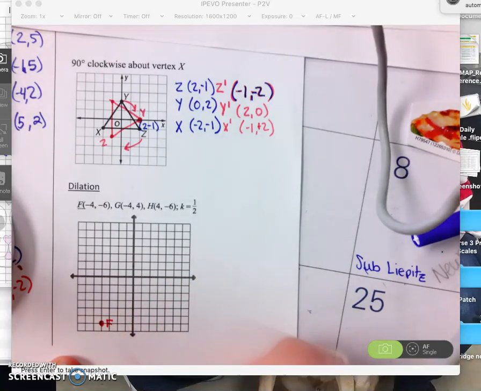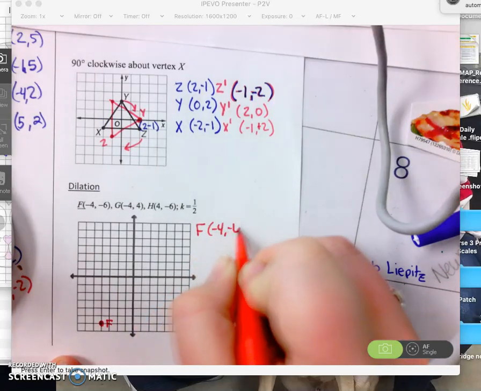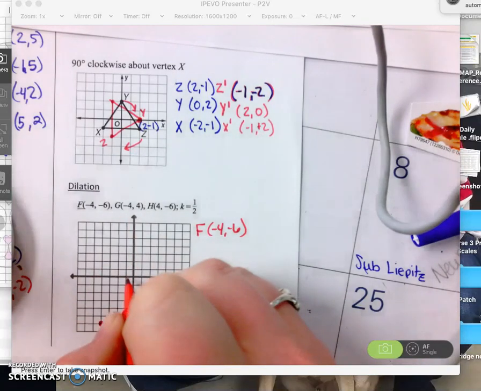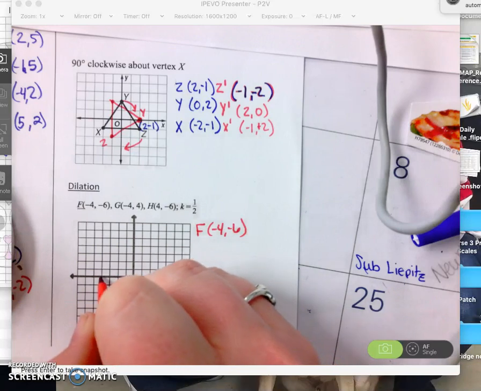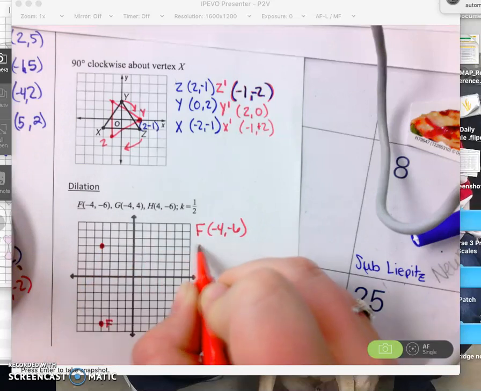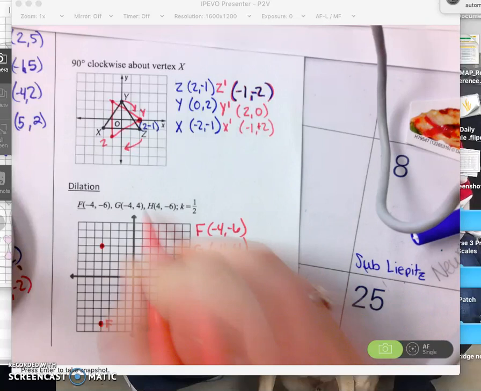So this is my F. -4, -6. I'll just start with red this time. -4, 1, 2, 3, 4, and up to 4, 1, 2, 3, 4. So my G, -4, 4.